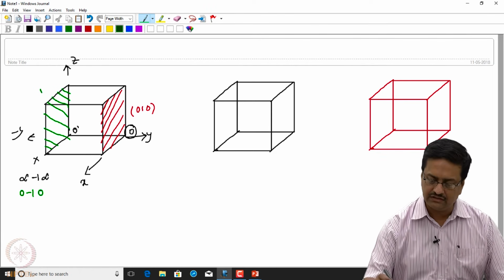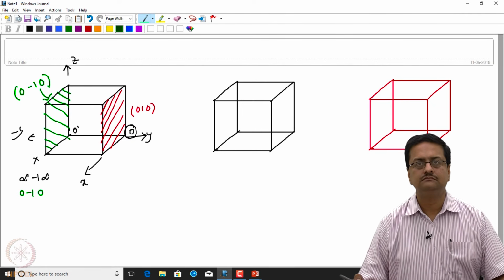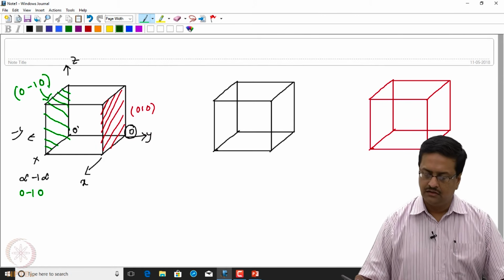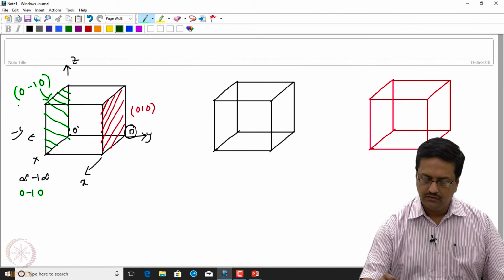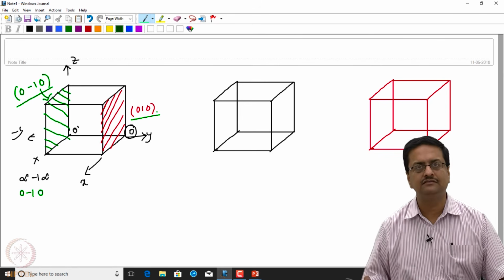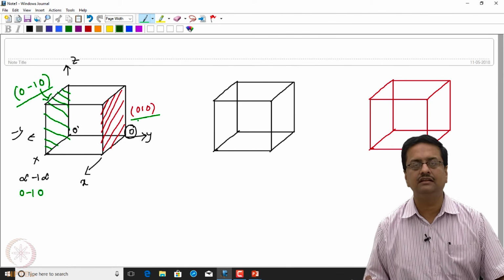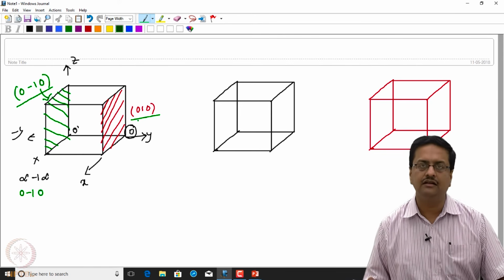So the Miller indices of that particular plane is 0, minus 1, 0. What do we see? These two planes are parallel planes. They have the indices same but the sign opposite.